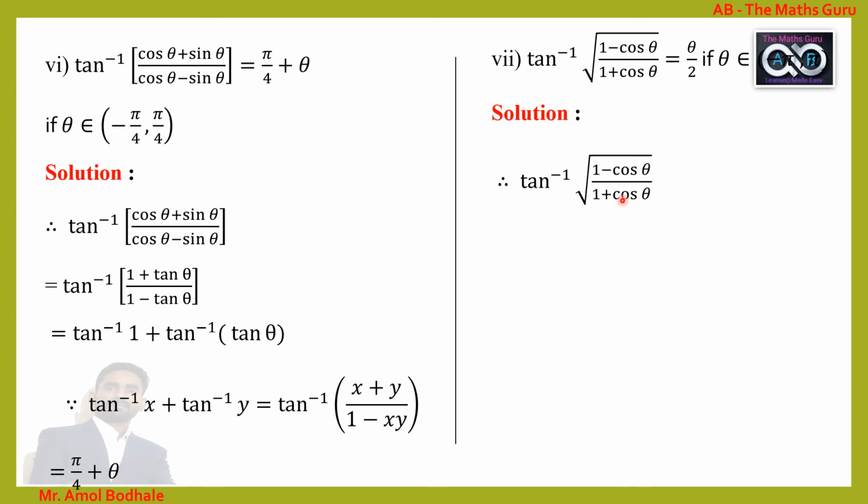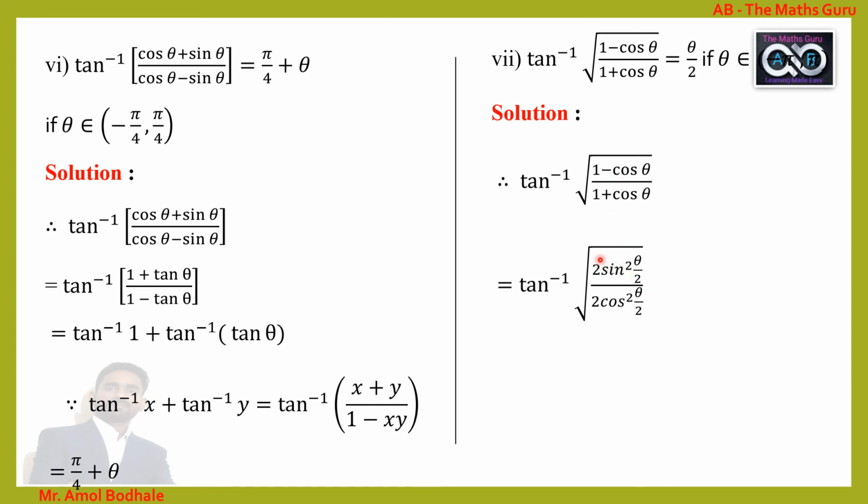Here we have to use trigonometric identities to express 1 minus cos theta and 1 plus cos theta in terms of sine and cos. As we know, 1 minus cos theta is 2 sine square theta by 2, and 1 plus cos theta is 2 cos square theta by 2. These are called half angle formulas.